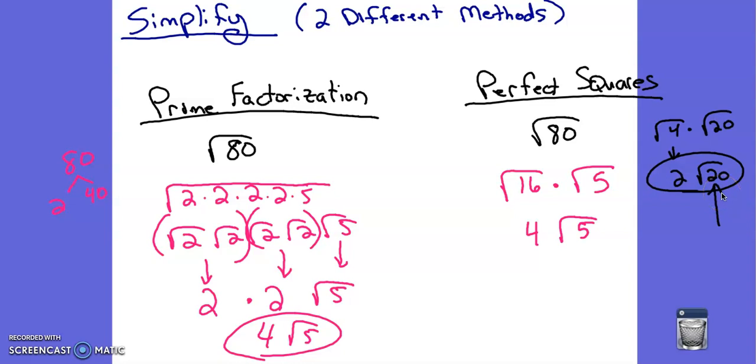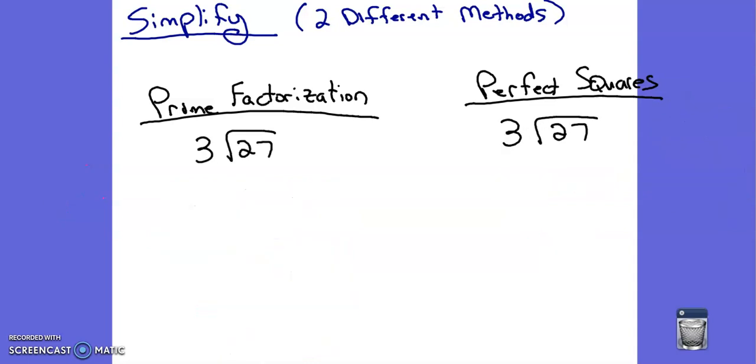So again, if you do perfect squares, make sure you come up with the biggest possible perfect square, not just any perfect square. Here, 4 is a perfect square, but 16 is a bigger perfect square, and you want the largest perfect square. Or just continue to simplify after you're done.